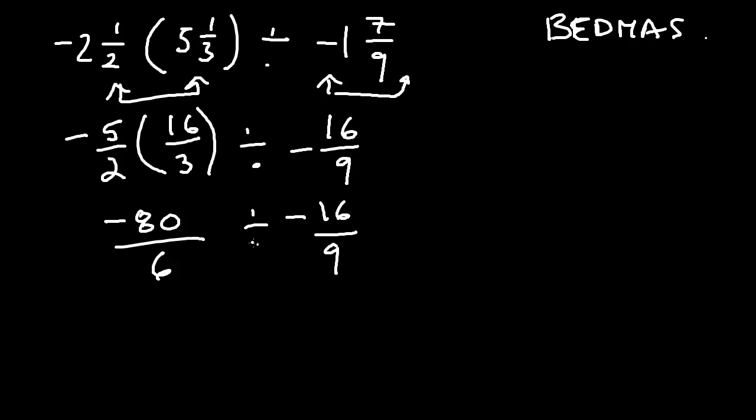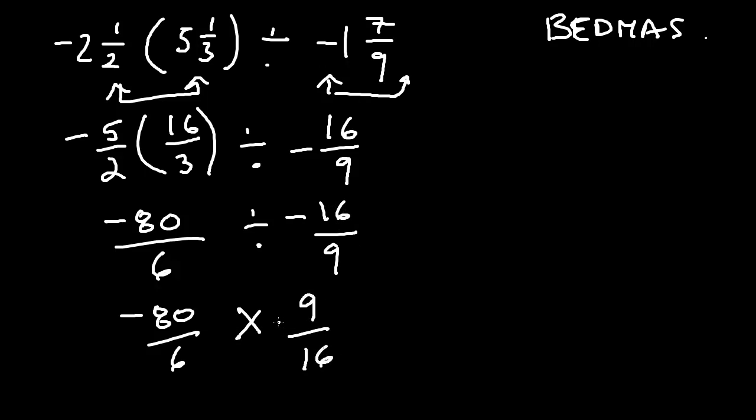So remember, when we're dividing fractions, division of fractions is the same thing as multiplying by the reciprocal. So what do I mean by that? Well, negative 80 over 6 divided by negative 16 over 9 is the same thing as negative 80 over 6 multiplied by the reciprocal, or multiplied by 9 over 16.